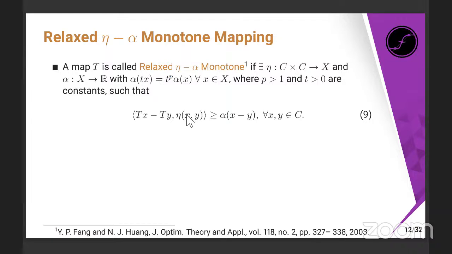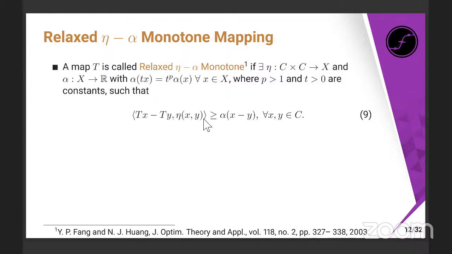So basically, if we look at this, we can see that this includes many types of monotone mappings as special cases. For example, if we assume this eta of x, y to be equal to x minus y, then this will reduce to what we call relaxed alpha monotone mapping.